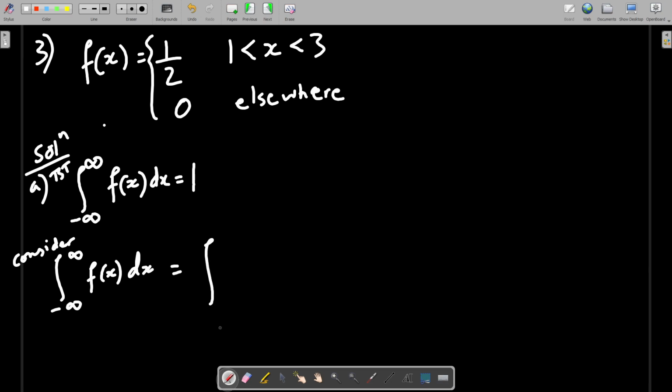So notice something here, this function between minus infinity to 1.